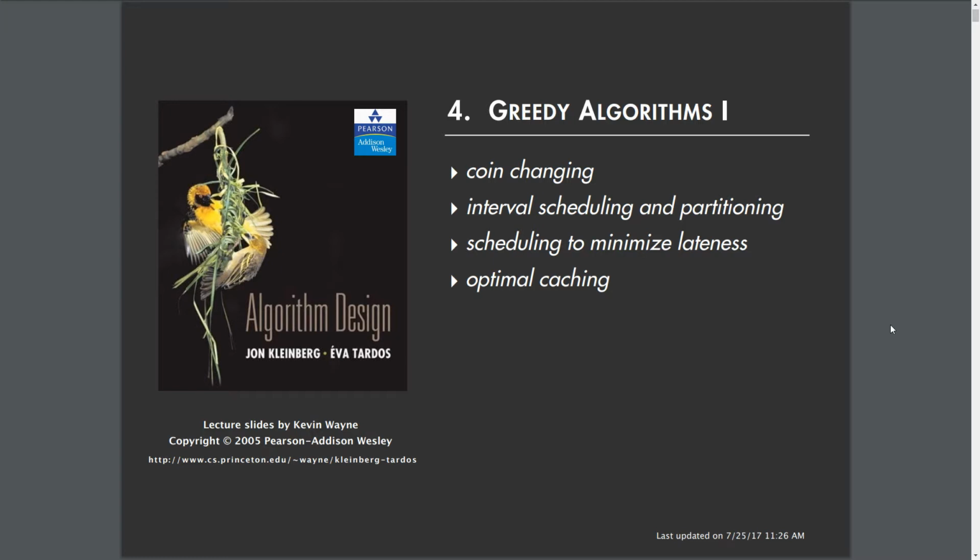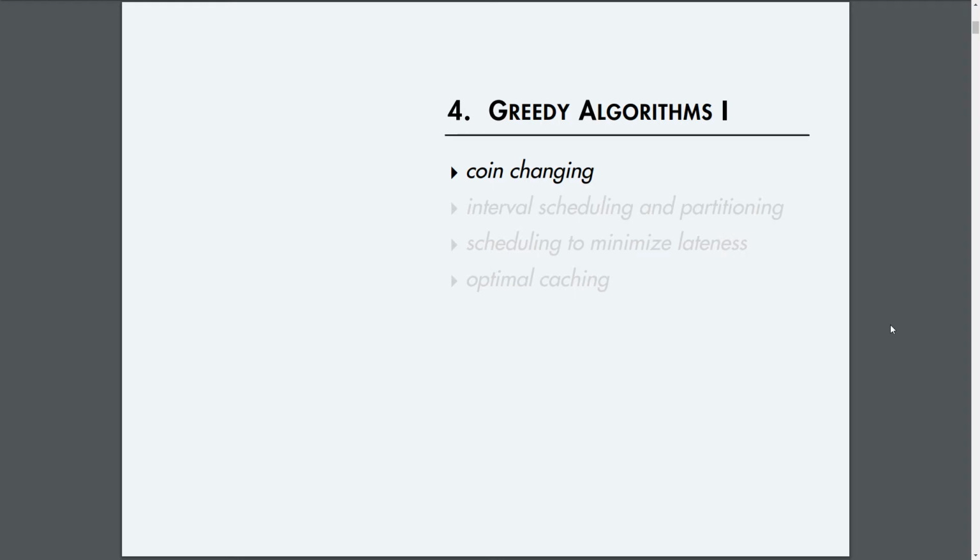So today we're going to be looking at some examples of greedy algorithms. The first one we're going to be looking at is the coin changing problem.